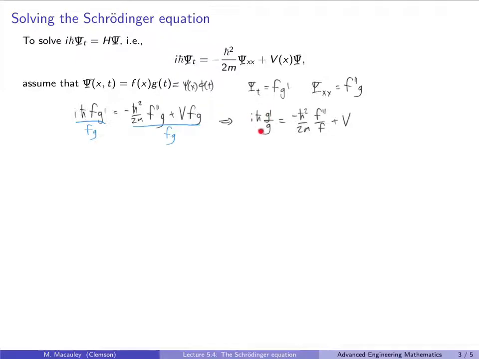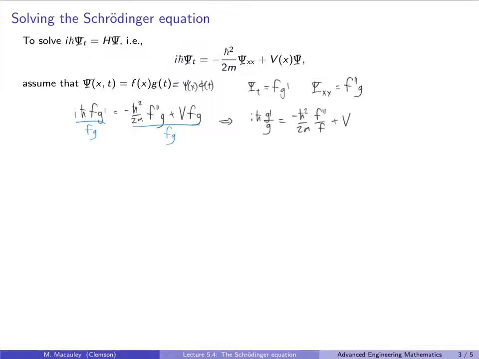Everything on the left-hand side is a function of time. It's independent of position. And everything on the right-hand side is a function of position. It's independent of time. And notice this would have been much harder if the potential was time dependent. We couldn't necessarily do this.